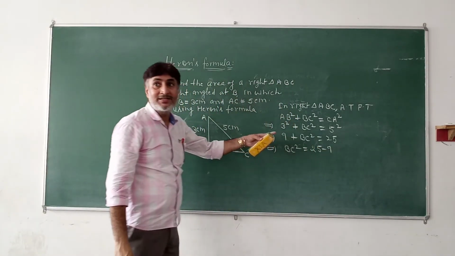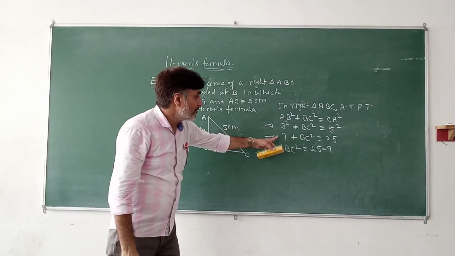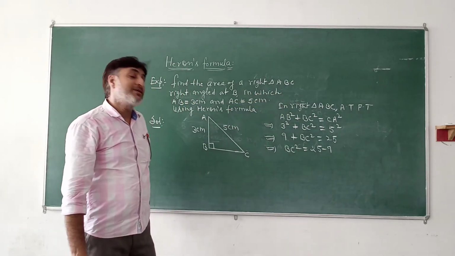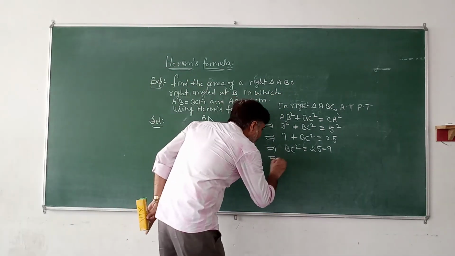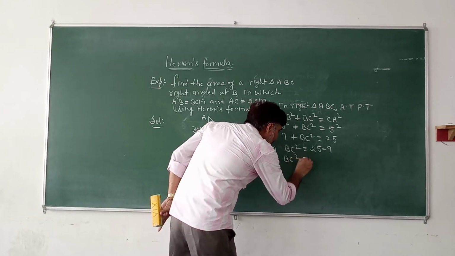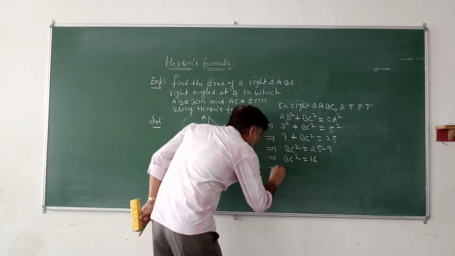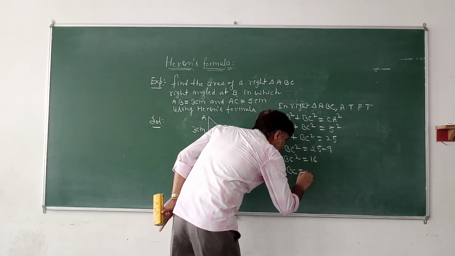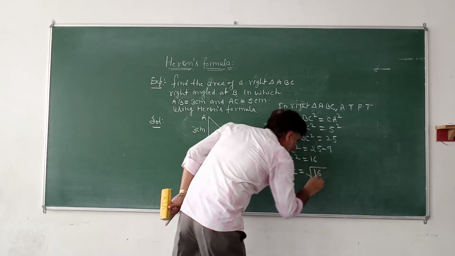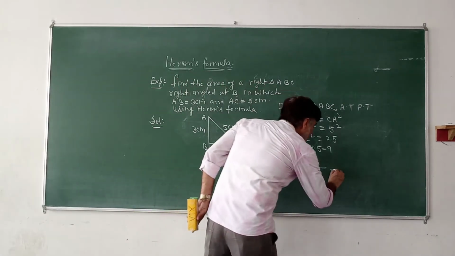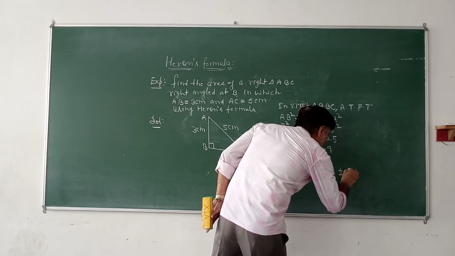When we move this 9 from left hand side to right hand side, it becomes negative, and BC square becomes 16. And when we find the value of BC, it becomes square root of 16, which is plus minus 4.